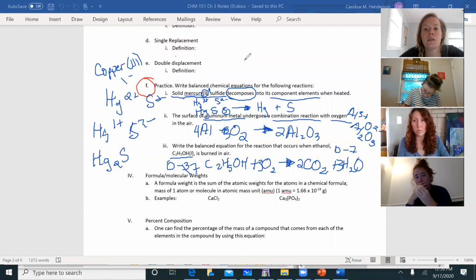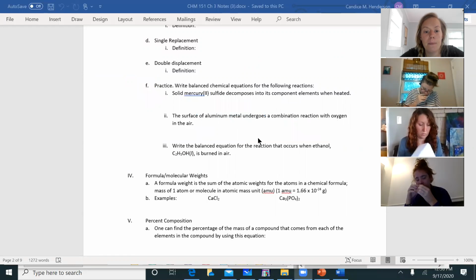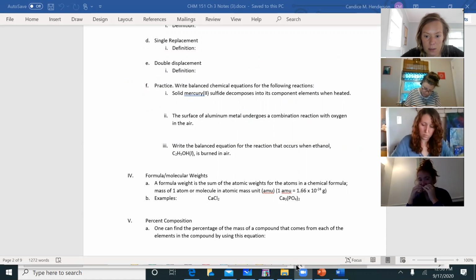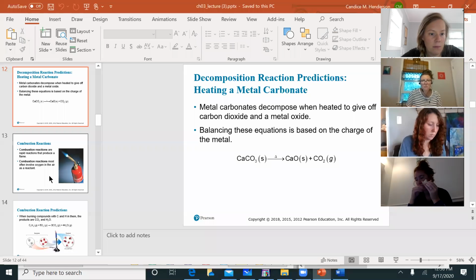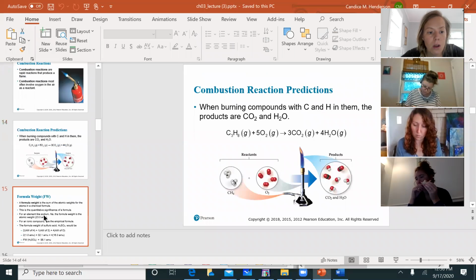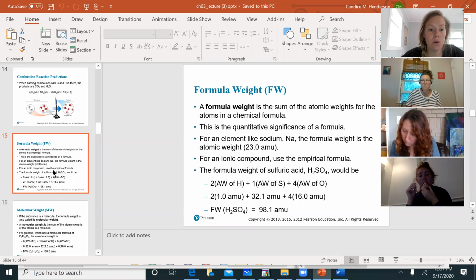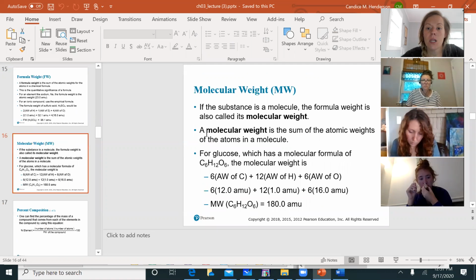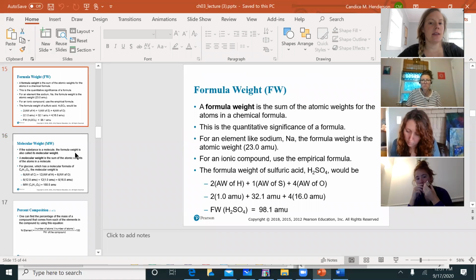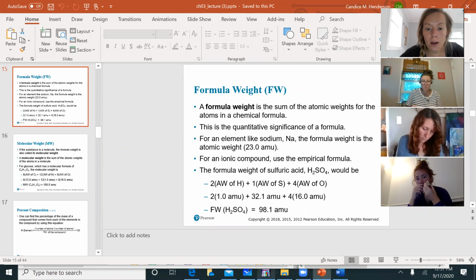Okay, so I'm going to clear this out. While we're here, let's find the formula weights for these. Well, go back to the slides for a sec. So we had talked about formula weight and how you have to add each of the individual atoms' masses together to get the total weight. Molecular weight, we'll get into that in a second. Okay, so let's do the formula weight for the 2 that were on that sheet there.